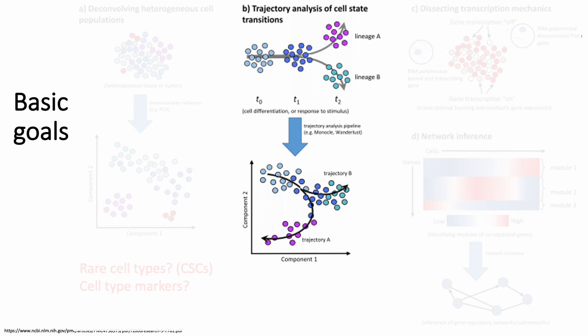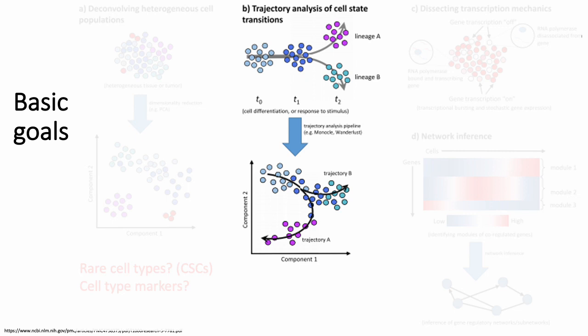And so the second major goal of single cell-based assays is really to perform what's called trajectory analysis. Here again, the idea is that if you want to observe continuous processes like differentiation, then with bulk samples, unless you do some kind of synchronization, it's basically impossible to really tease out all of the different molecular events that can happen along a continuous process like differentiation.